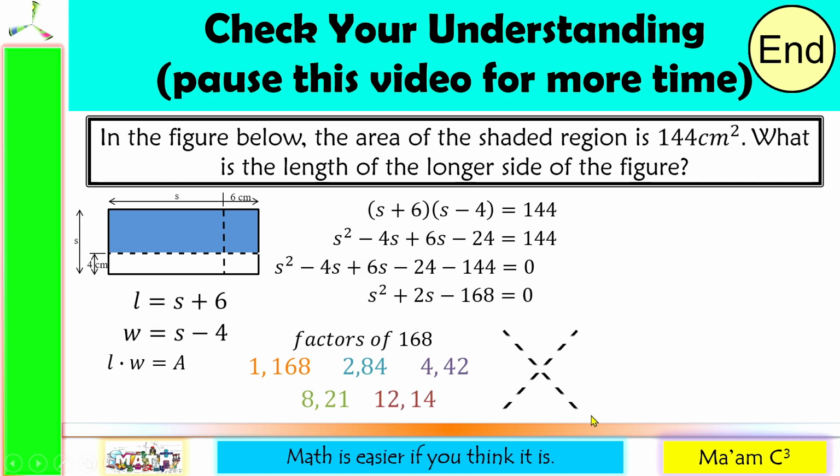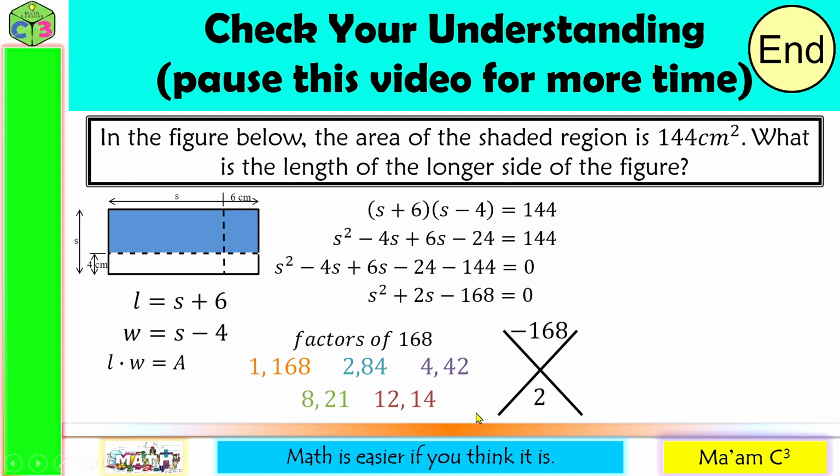Let us bring out our magic X. What we write on top is the constant term, negative 168. And at the bottom is the numerical coefficient of the linear term. This is positive 2. Now think, which among these 5 sets of factors will possibly give you 2 as an answer when you add them?